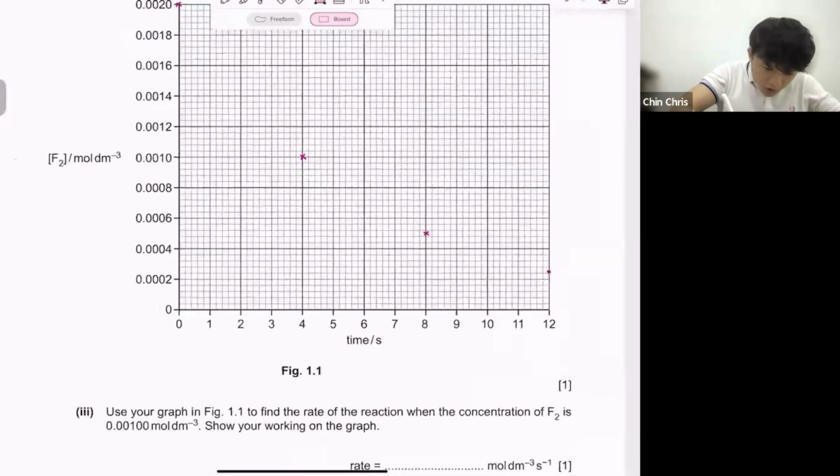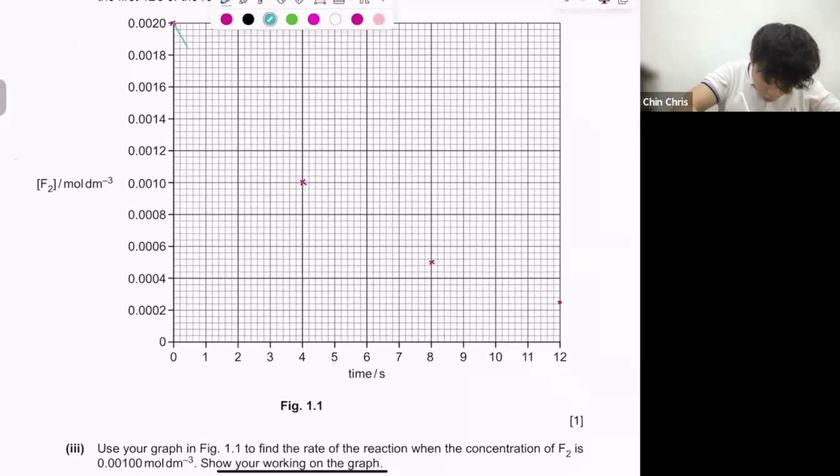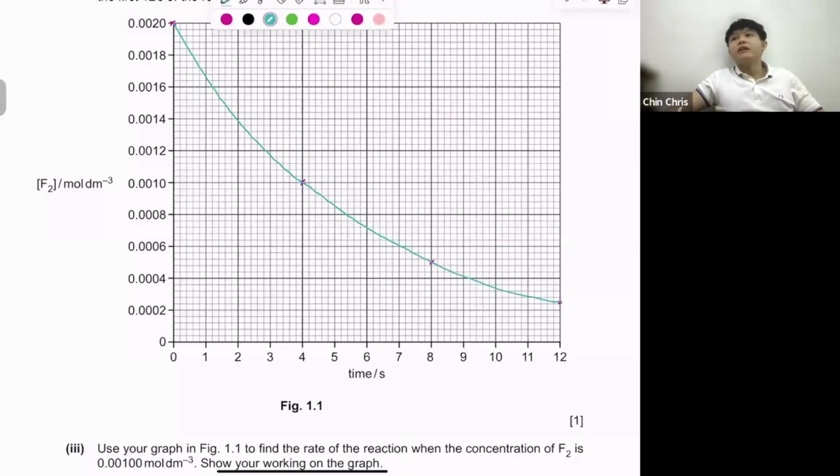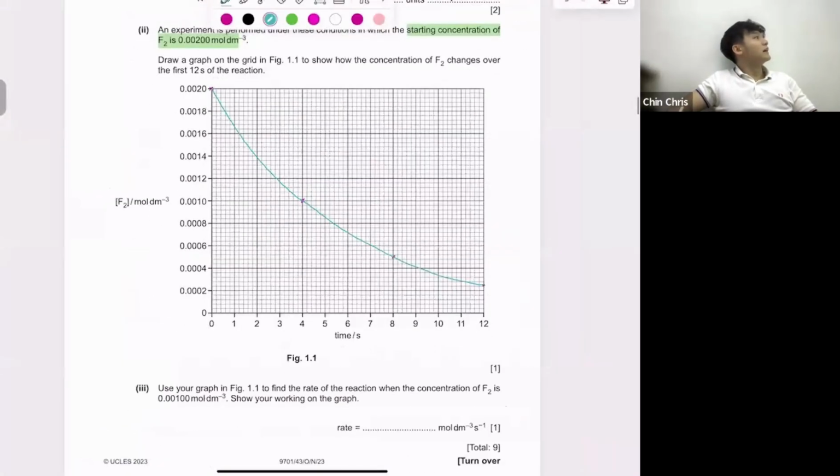Okay, guys, let's draw a nice curve here. I want you to draw a curve, okay? Alright. Oh my god, so smooth. Alright, guys, next. Wait.